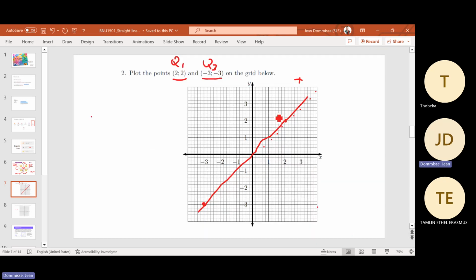but let's look at this and just a few things. Your normal graph will always look like this.